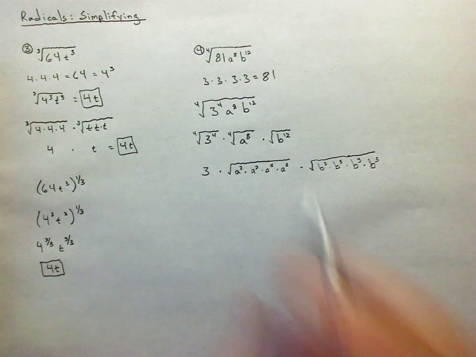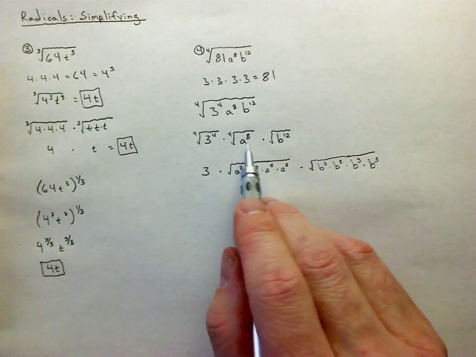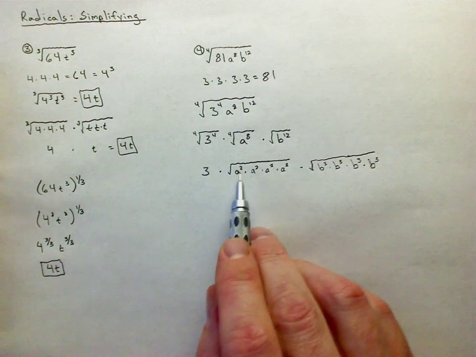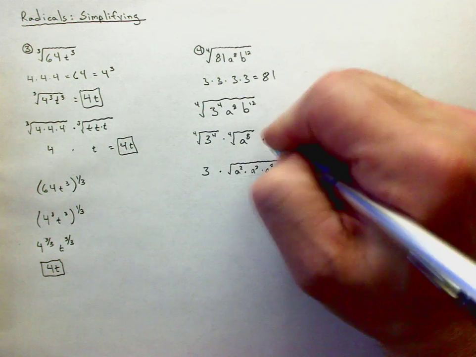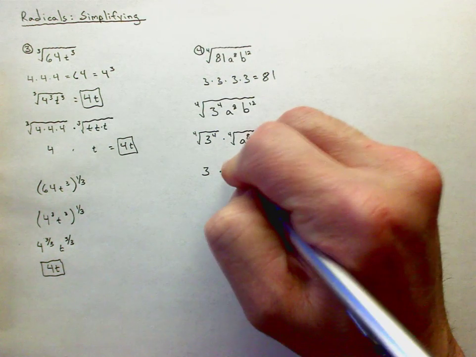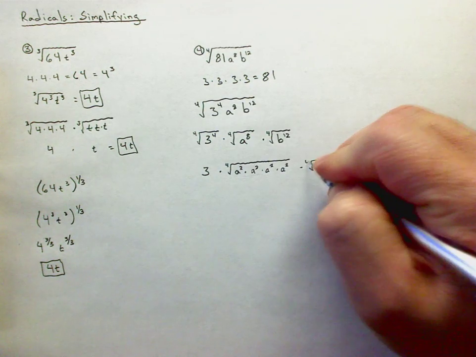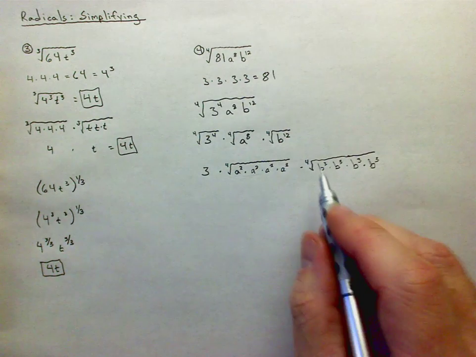I've just rewritten my variable and its power in a different form. I've made them factors. And whoops, I left off that. I'm bad about leaving off my root index as I work through. So make sure that you catch yourself with that.